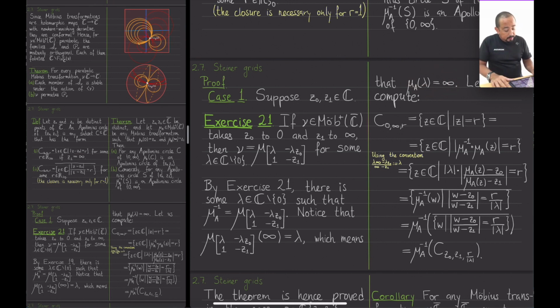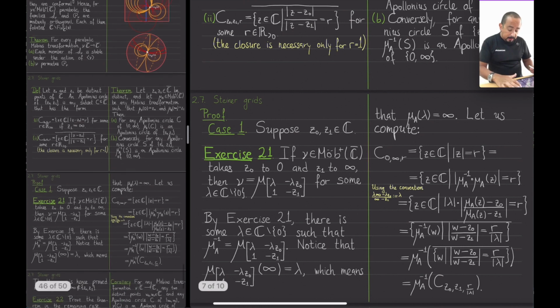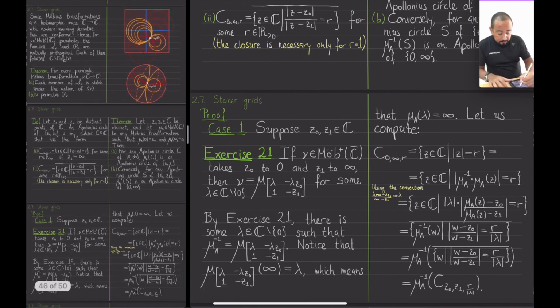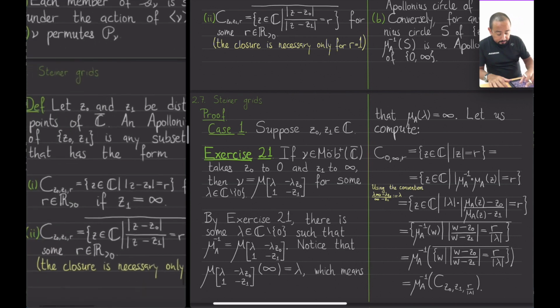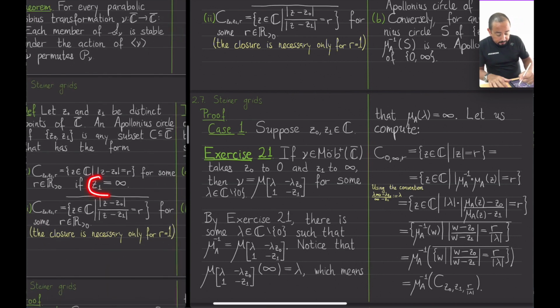And now we compute. Now look, mu A of lambda is infinity. So this means that when I consider the Apollonius circle of 0 and infinity, where R is the norm of lambda, that Apollonius circle has a point that is mapped to infinity.